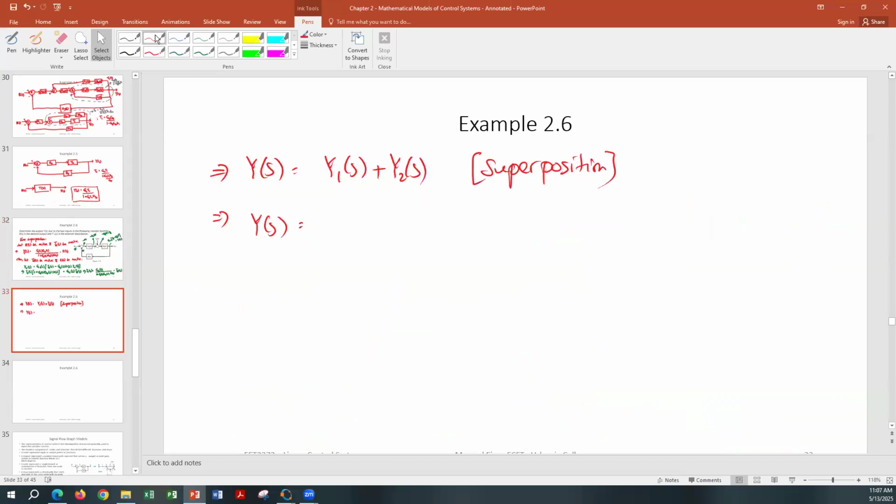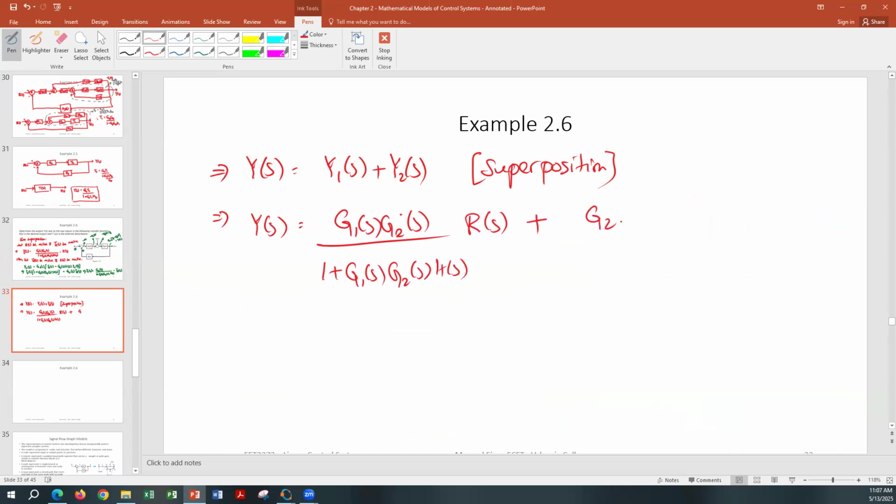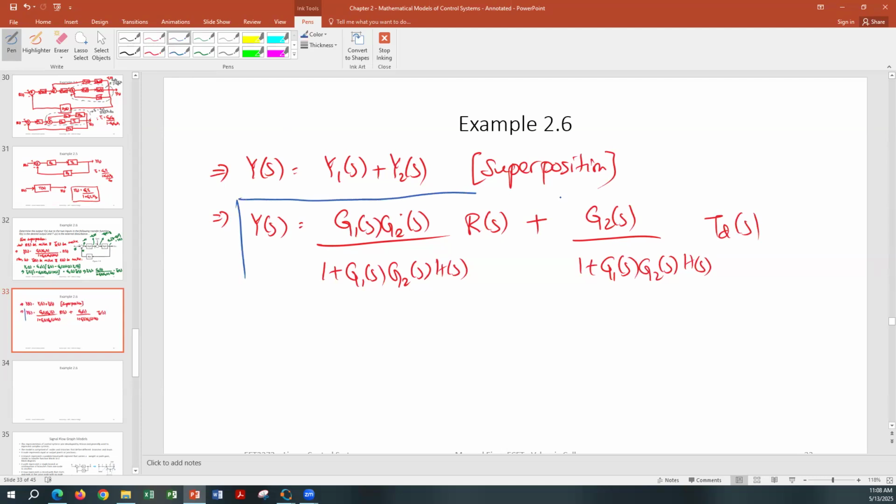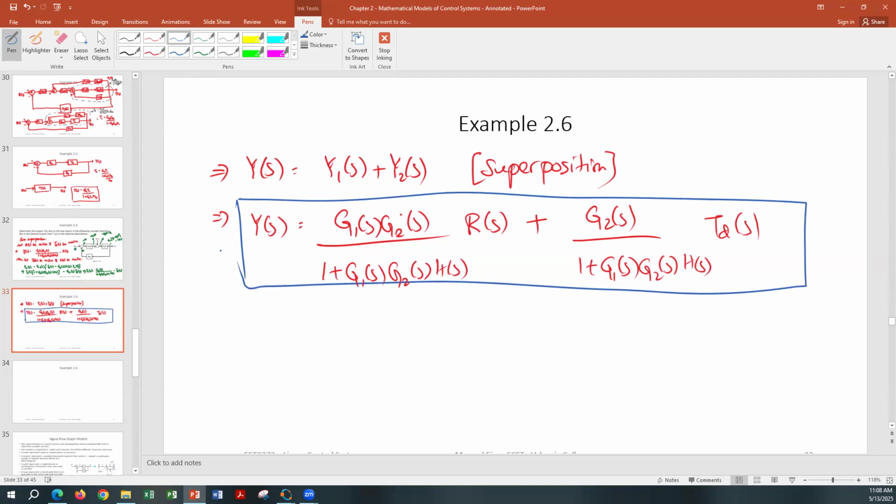G1, G2, H. G1(s), G2(s) over... That's the complete transfer function of your control system when two signals are present, the input signal and the disturbance signal.